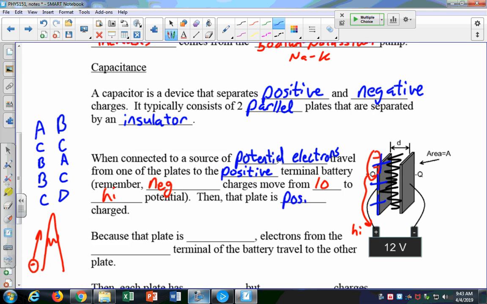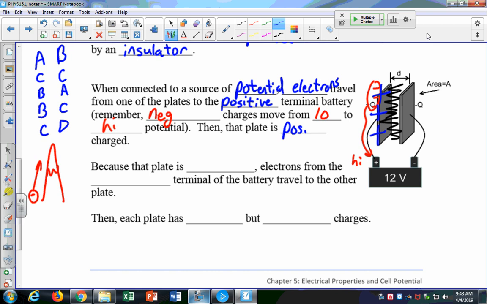And then because that plate is positive, electrons from the negative terminal will travel to the other plate. So my electrons will come up here and travel to this plate, giving us a negative charge on that side.